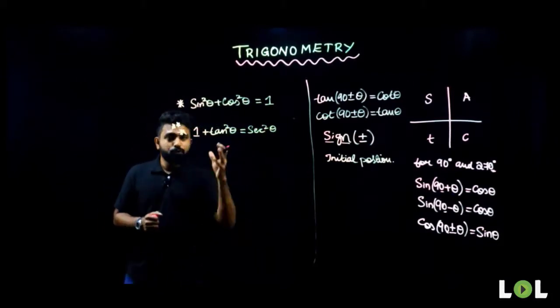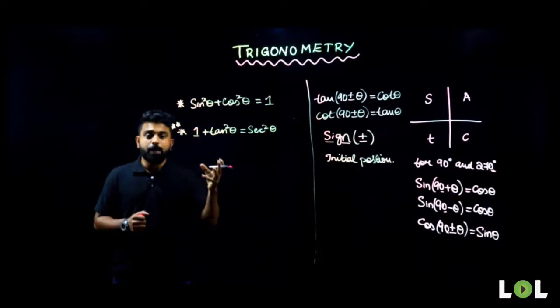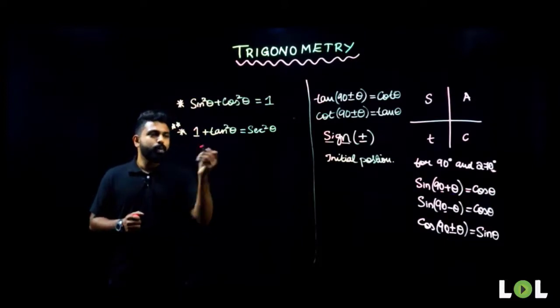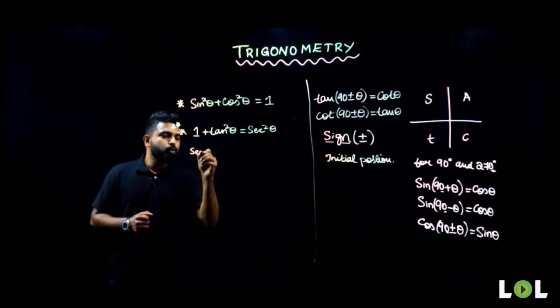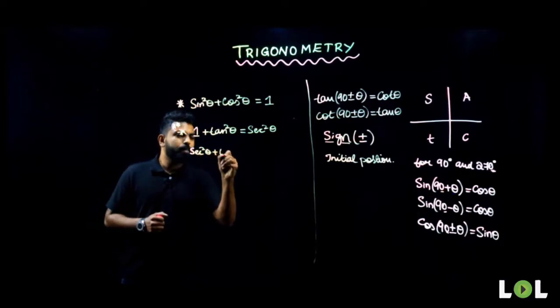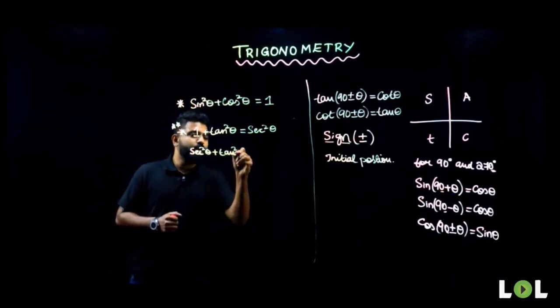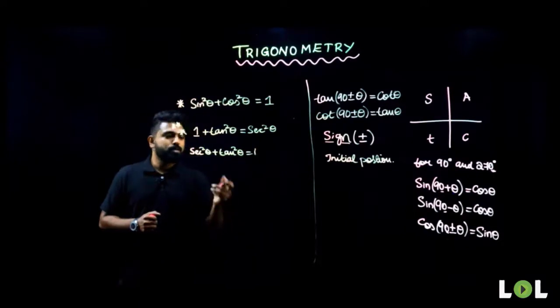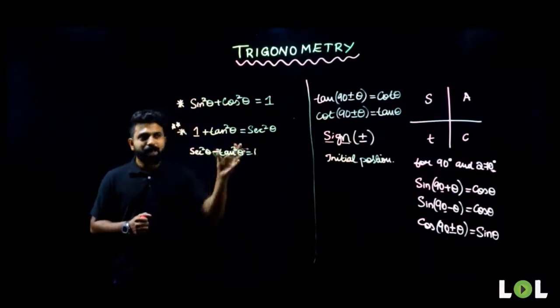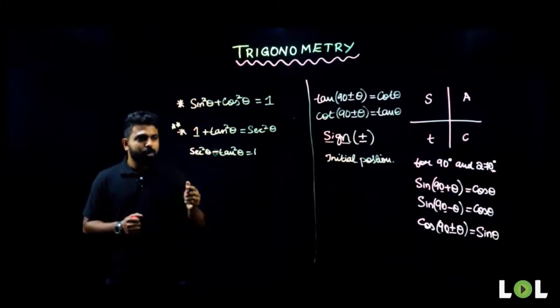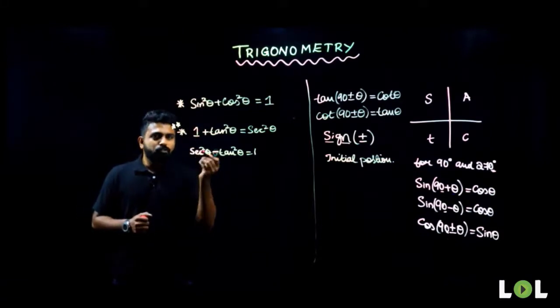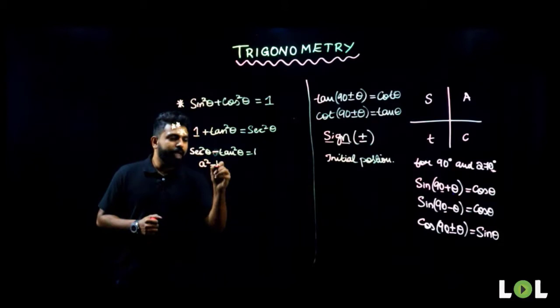We also derived few more identities. But which is the important identity that we derived? We derived secant square theta minus tan square theta is equal to 1. But it is of the form a square minus b square.